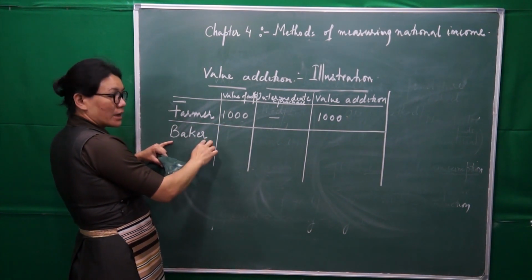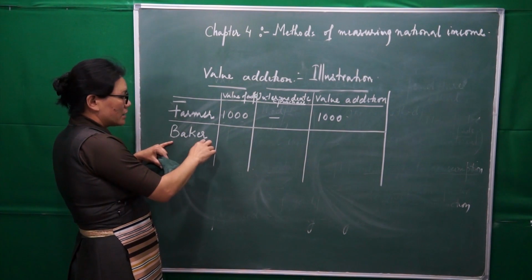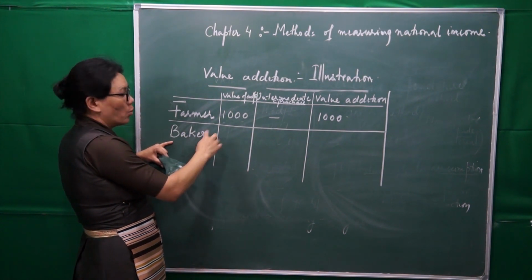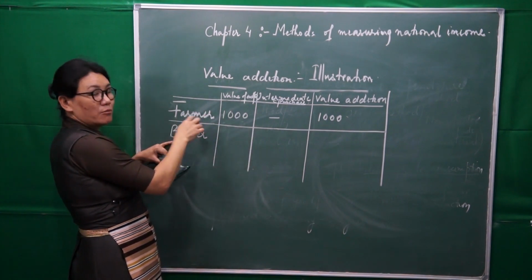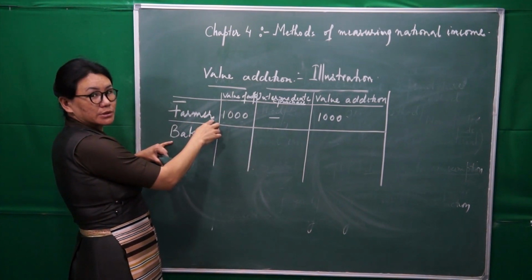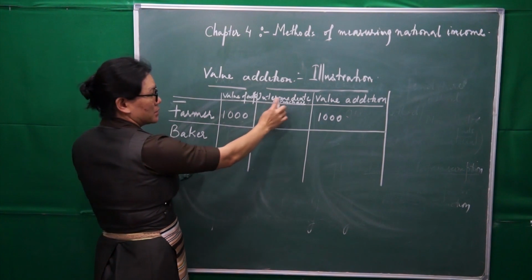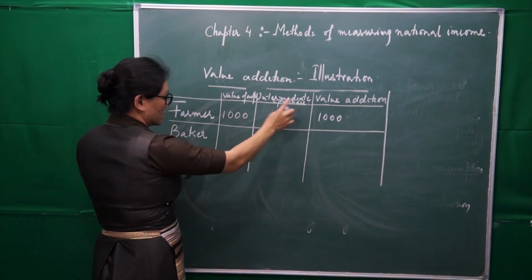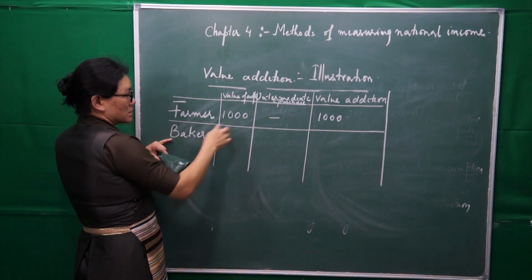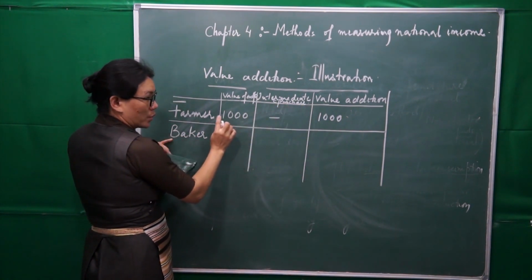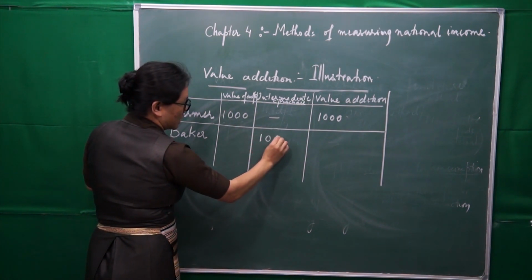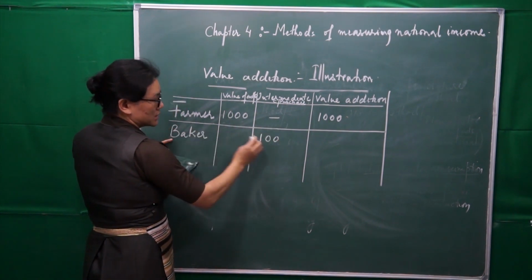So what the baker has done here, baker has purchased wheat worth this much from farmer. Right? Now see here, intermediate consumption is what? It is nothing but purchase, I said. Okay. So now baker has purchased wheat which is worth this much. Right? So it will come under his intermediate consumption.